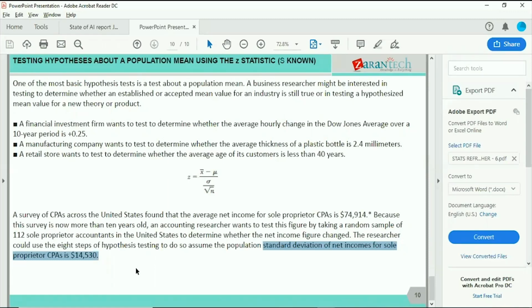We just want to know whether there is a change in the average income. So what will be the null hypothesis? Is not equal to 74,914. Is that the null hypothesis or alternate hypothesis? Oh, sorry, that is the alternate. The null is 74,914.